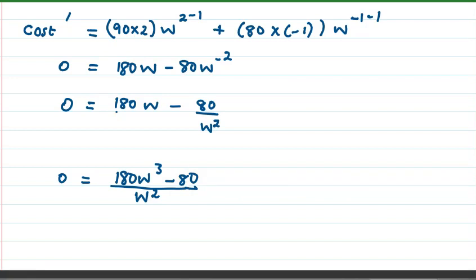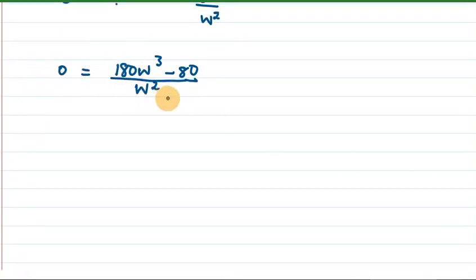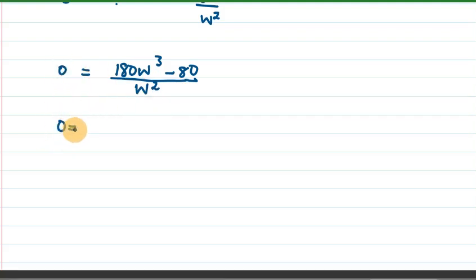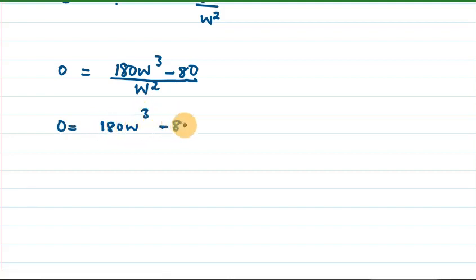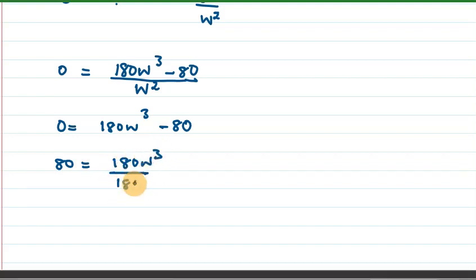So if you multiply by W squared both sides, you are left with 0 equal to 180 W cube minus 80. You take 80 to your left hand side, you have 80 being equal to 180 W cube. Divide both sides by 180.